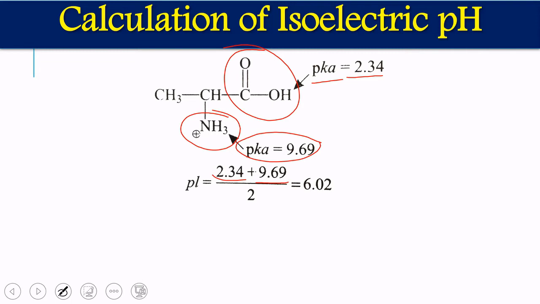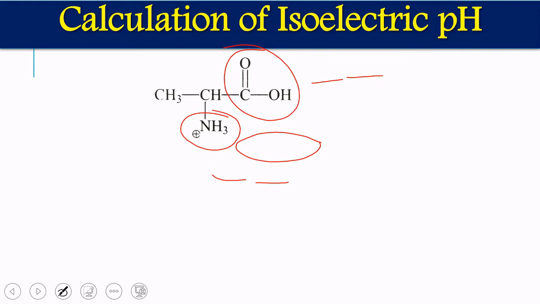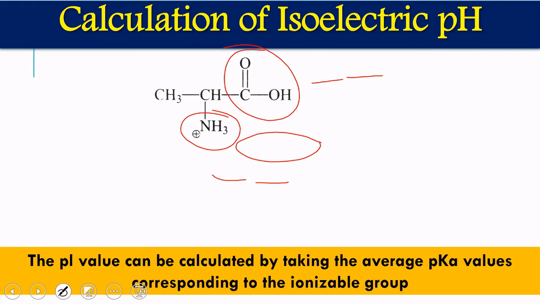This is one rule. The pI value can be calculated by taking the average of the pK values corresponding to the ionizable groups, but this rule is applicable only when there are only two ionizable groups.